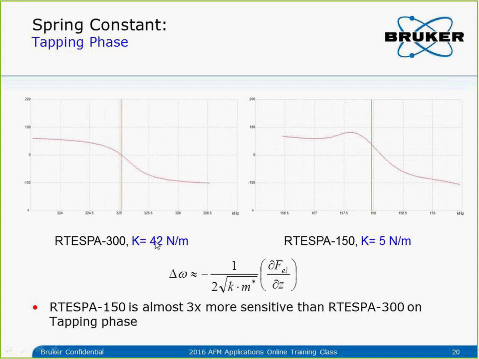So for this 40 Newton per meter and the 5 Newton per meter spring constant, their slope of the phase is similar, but the spring constant is very different. And in this case, the RTESPA-150, I would say, is almost 3 times more sensitive on the phase compared to the RTESPA-300, because the spring constant is much lower.